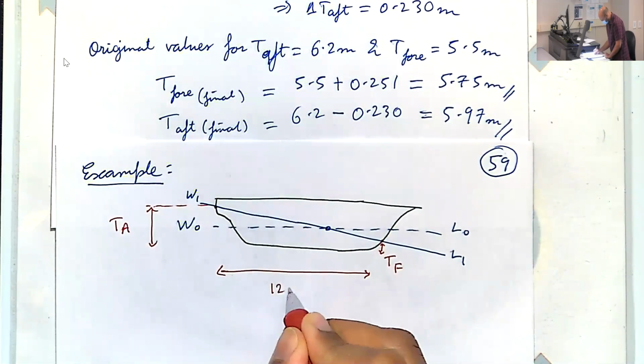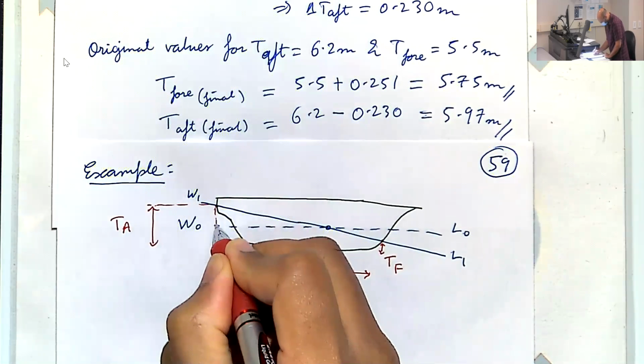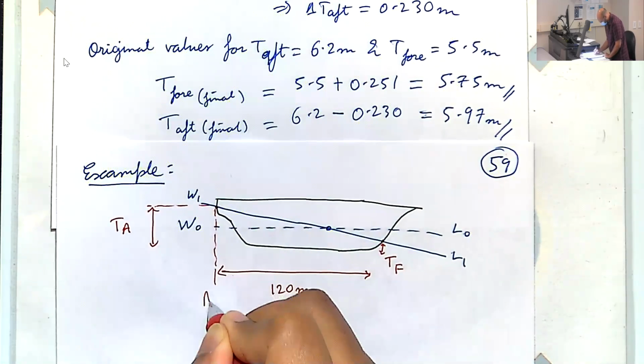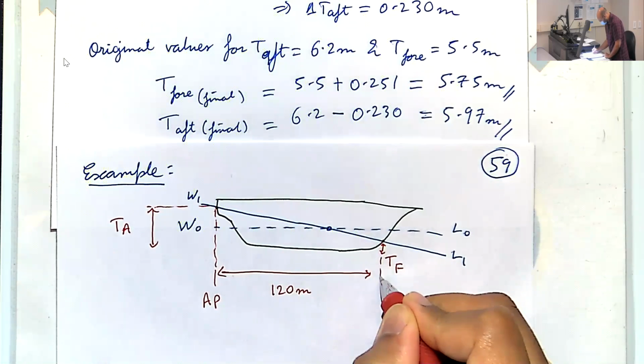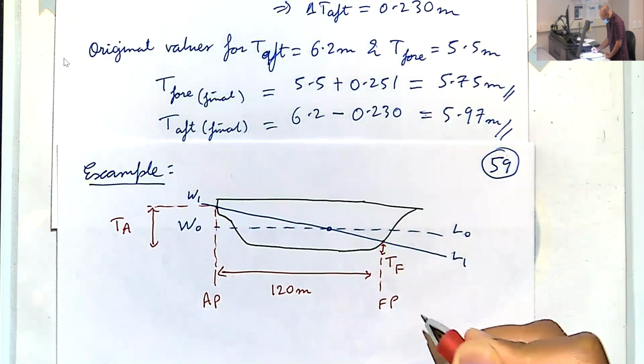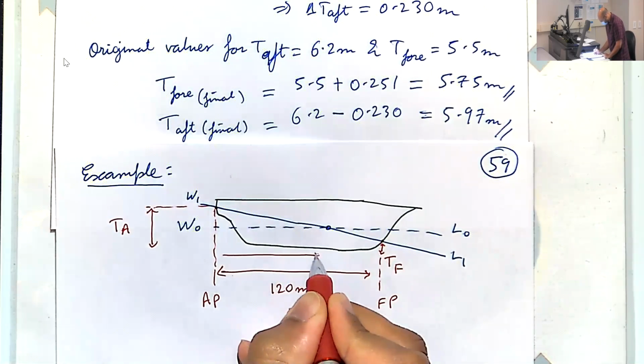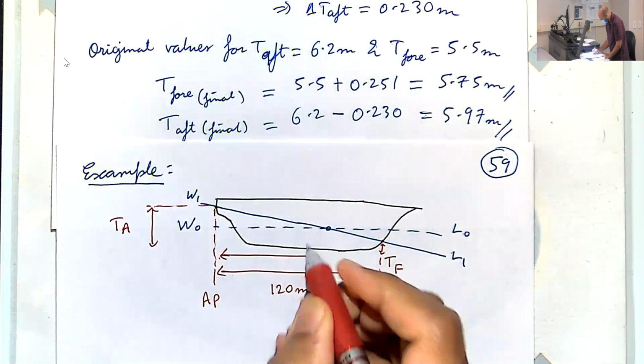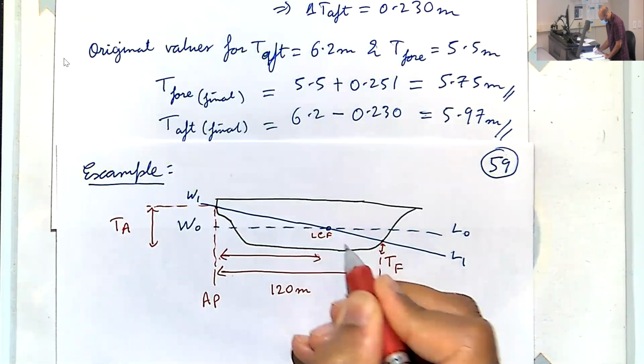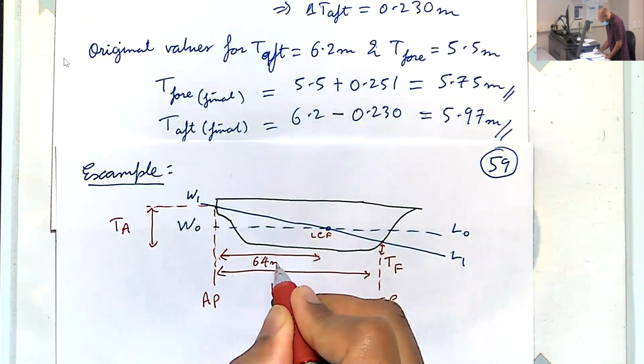This is 120 meters from aft perpendicular to forward perpendicular. And then the distance to LCF is given to be 64 meters.